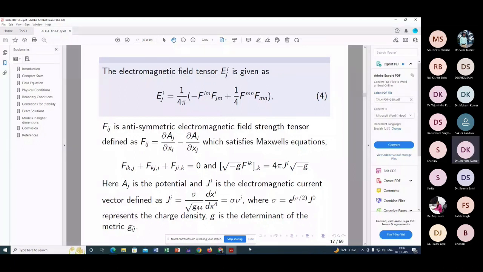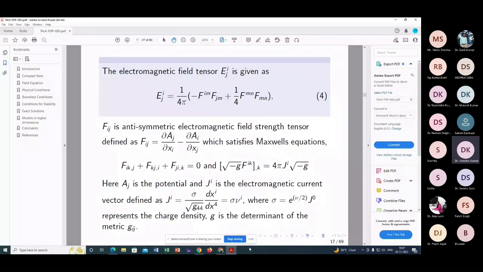Fij is defined as del Aj over del xi minus del Ai over del xj. It must satisfy the Maxwell equations: Fik comma j plus Fkj comma i plus Fij comma k, where Fik comma j represents the derivative of the tensor, and the sum must equal 0. Also, square root of minus g times Fik comma k equals 4 pi Ji.